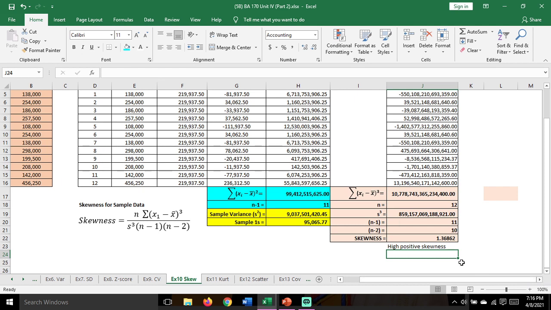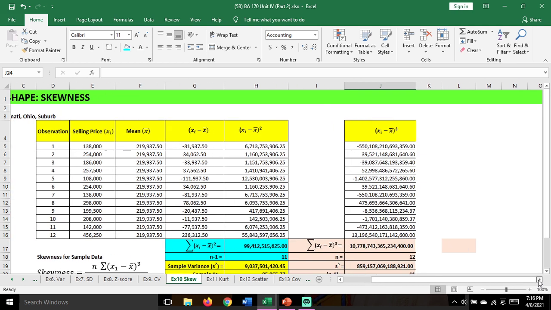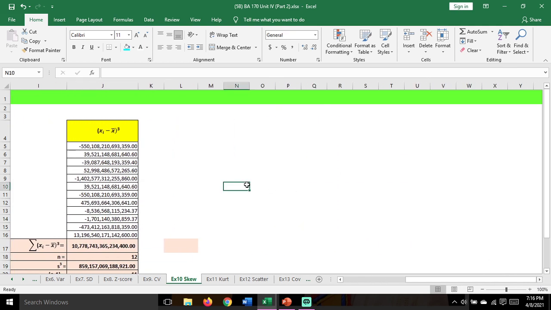So, let's try to make our frequency distribution. Okay. So, tingnan natin. So, let's say we have 5 groups. So, 1, 2, 3, 4, 5. So, this is the lower limit and then your upper limit.